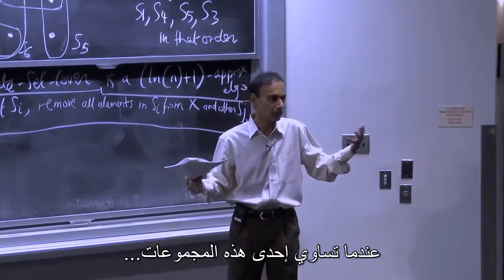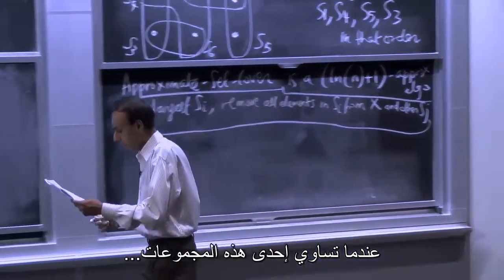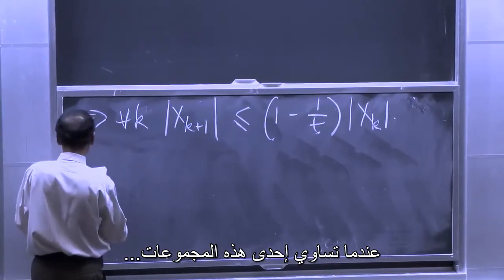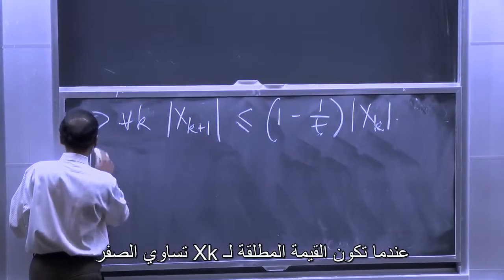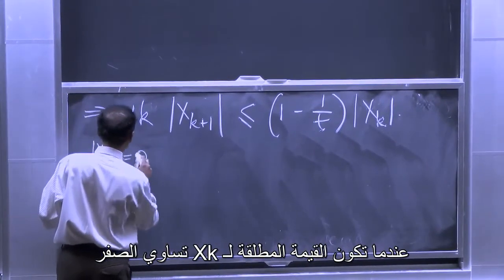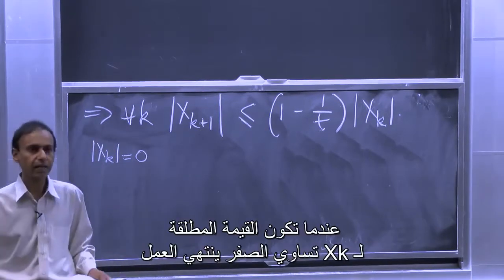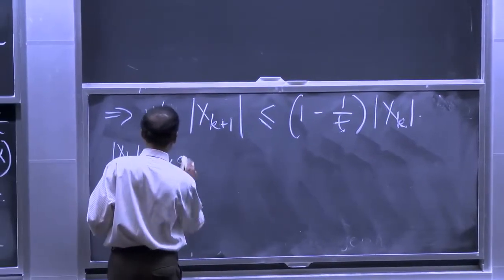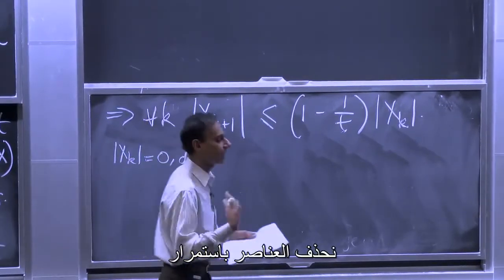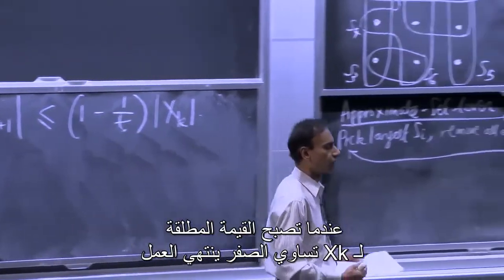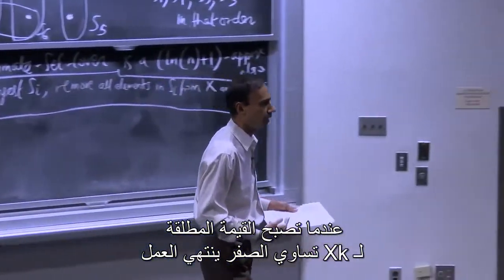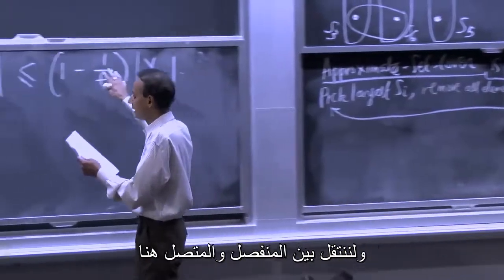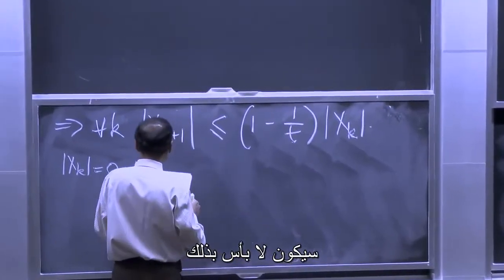So when xk equals 0, I'm done. I'm constantly taking stuff away. When xk equals 0, I'm going to be done. And I'm going to move a little bit between discrete and continuous here. It's all going to be fine.